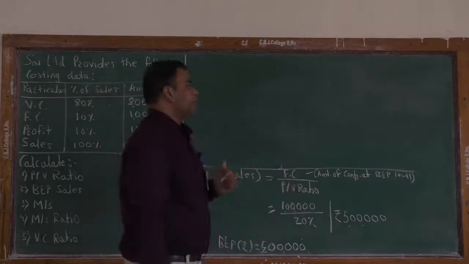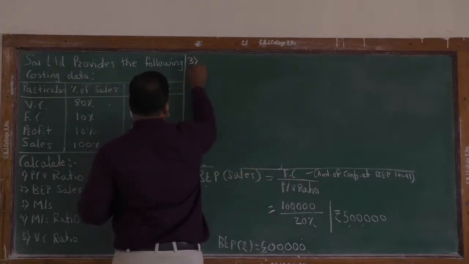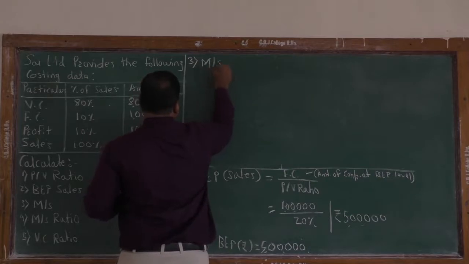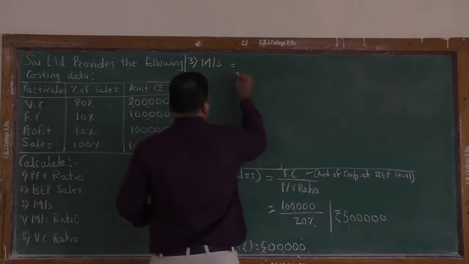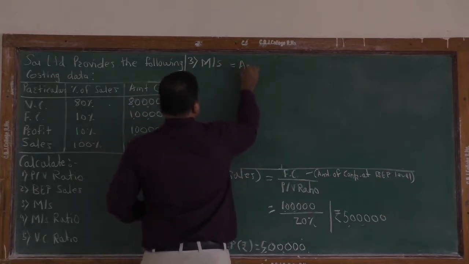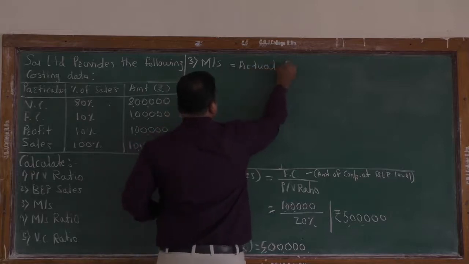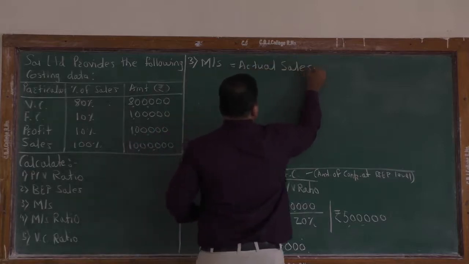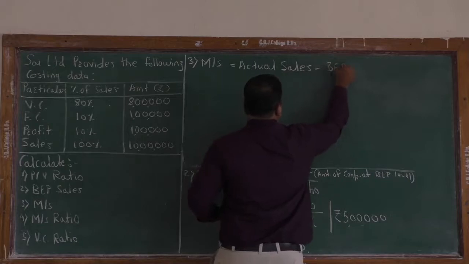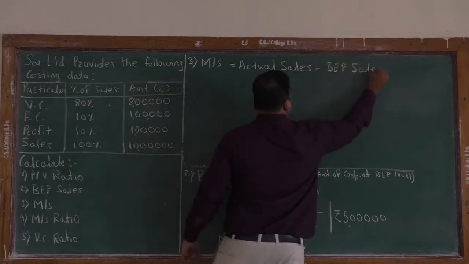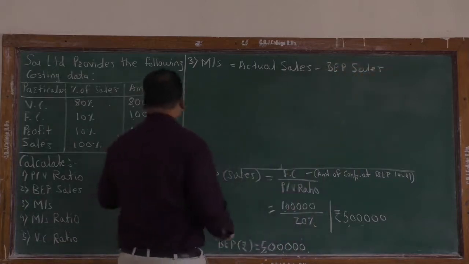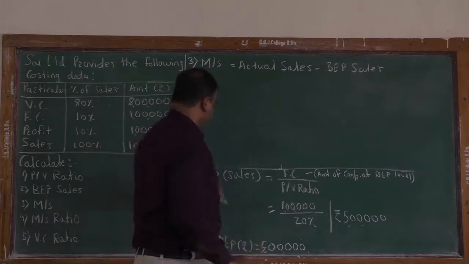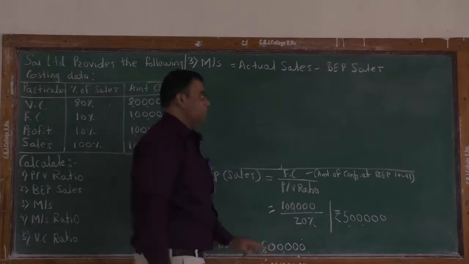So what is the formula to calculate margin of safety sales? Margin of safety sales is equal to actual sales less BEP sales. So both figures we have, actual sales already given and BEP sales we have calculated.